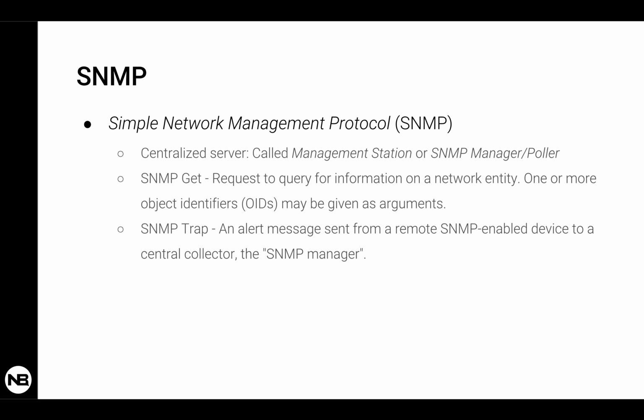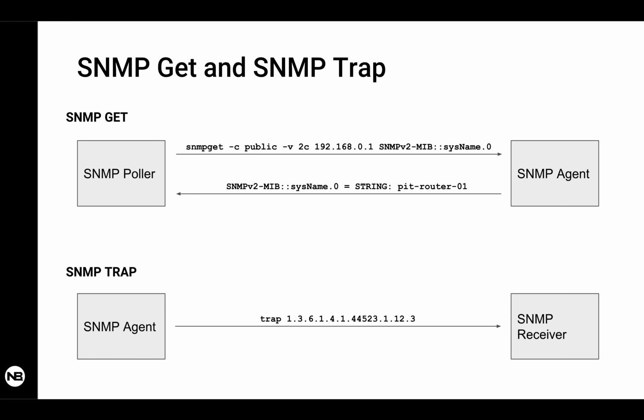So to show a diagram of how SNMP GET and trap work, let me show you first the SNMP GET. You can see in this case there is the server, which is the SNMP poller, that runs an SNMP GET against the SNMP agent, and here we can have, for example, a router and a switch, and then the agent returns the value.